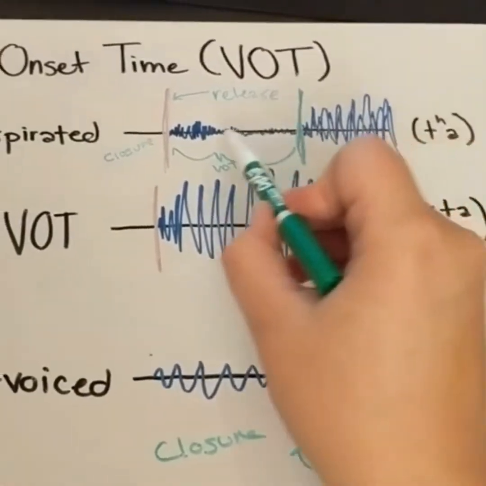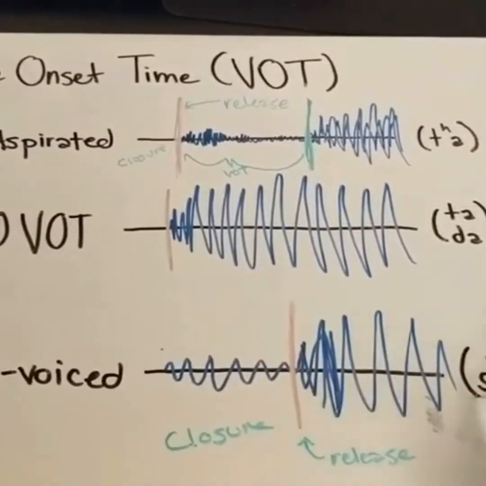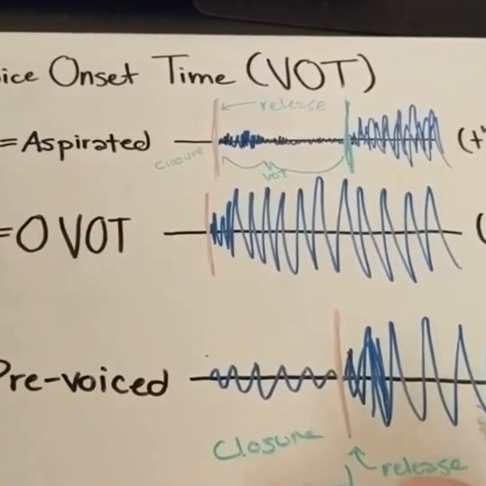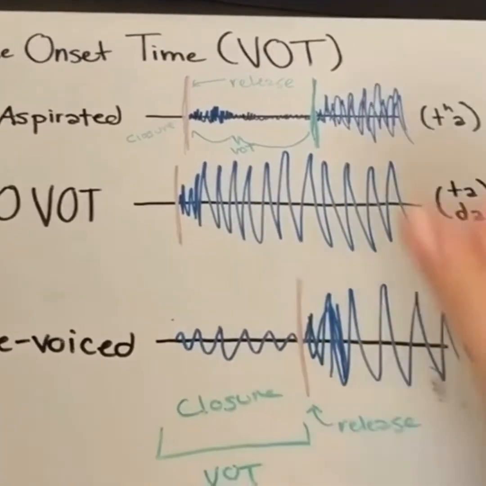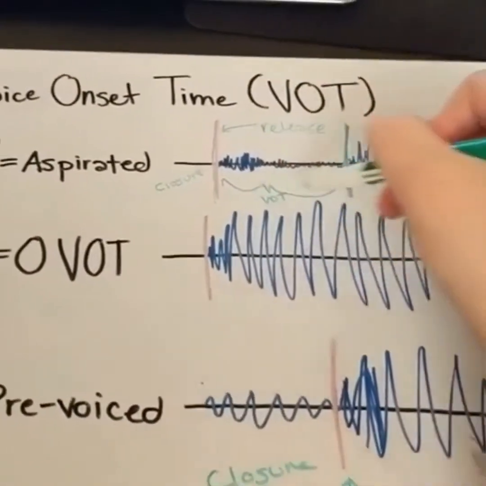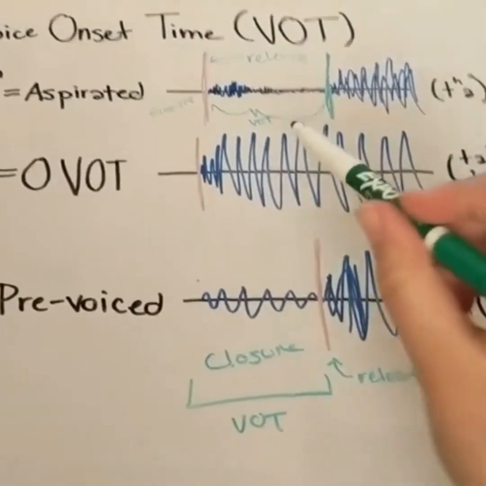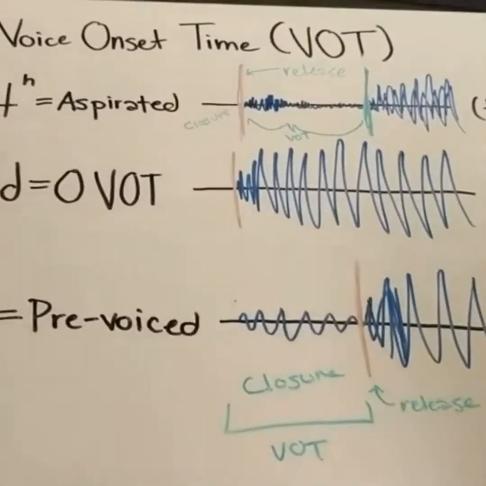So there's this weird sort of low-level hissiness, and here it goes straight into the vowel sound, this louder sound that signals that it's a vowel. So this is your voice onset time here. So see how here it's on the right side of the release, and here it's on the left side of the release. That's why this one's a positive, and this one is a negative voice onset time.